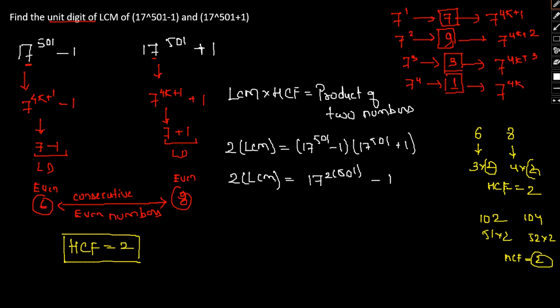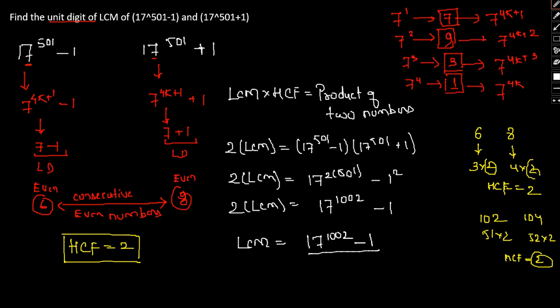So I can write LCM equal to (17^1002 minus 1) by 2. Now if I am to find the unit digit, again I am concerned with only 7. Let me just write this. LCM can be written as (7^1002 minus 1) by 2.